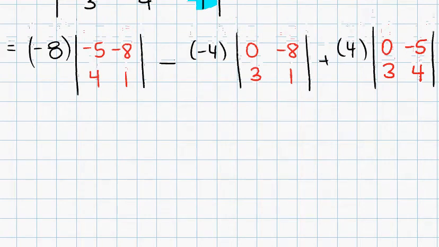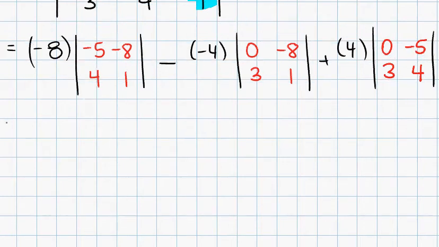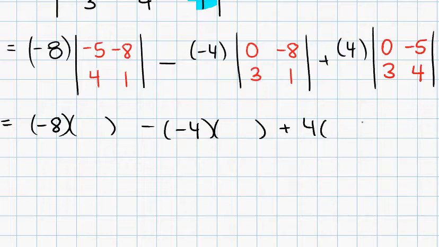And again, from here, you're just working with a whole bunch of little 2 by 2 determinants just like yesterday. So we just need to evaluate them. Cross multiply and subtract gives us 27 for the first one.